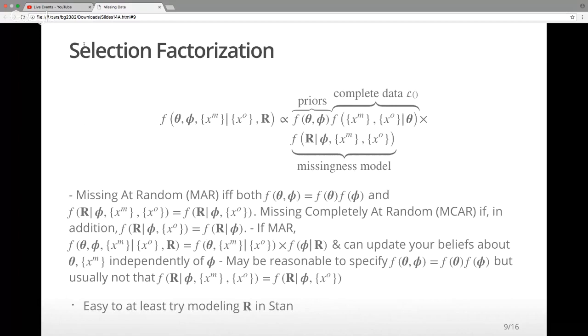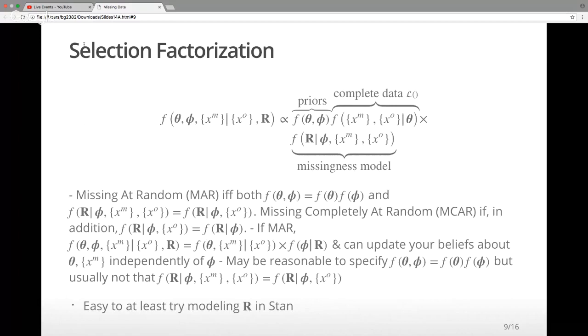That is not just the likelihood of the observed thing, but rather, if you assume there's a normal data generating process, you assume it pertains both to the missing values and the observed values, conditional on theta, the parameters that go into that. And then that gets multiplied by a PMF for R, conditional on phi, the parameters that go into who's missing and who's observed, and the union of the missing values and the observed values.